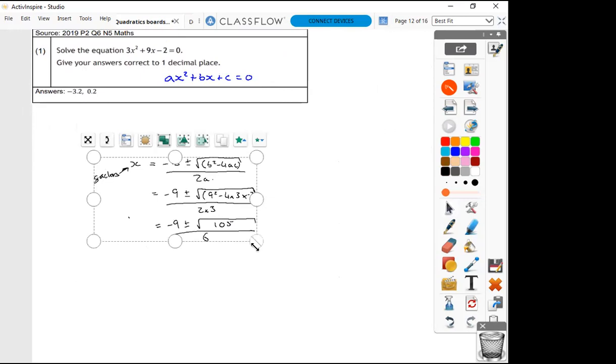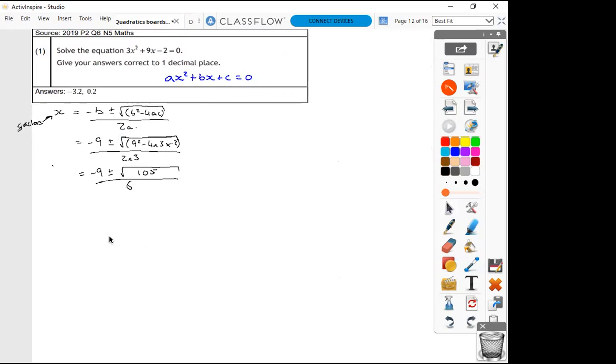If you can't see that, if it becomes too small, remember I've got this in a massive bold. If it becomes too small, give me a wee shout. So I've got the line equals -9 plus or minus root of 105 divided by 6.